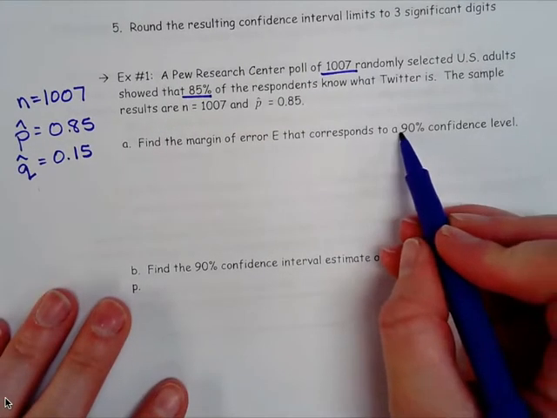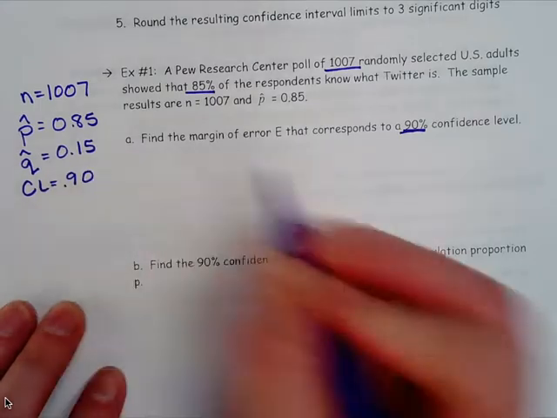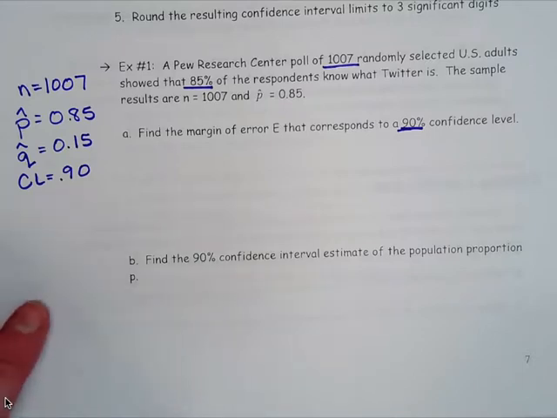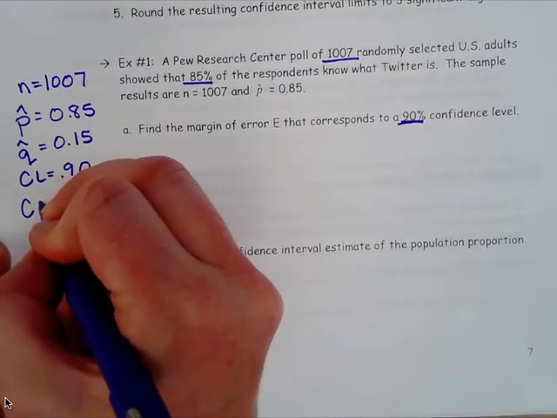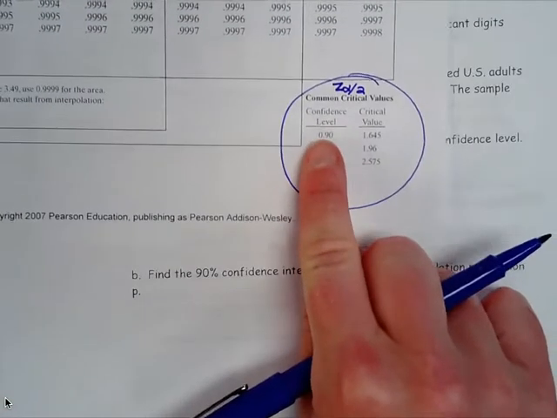And we want a confidence level of 90%. So our critical value is going to be the next thing we find. Remember we wrote this down for a 90% confidence level? It's on the last page, but it's also right here.